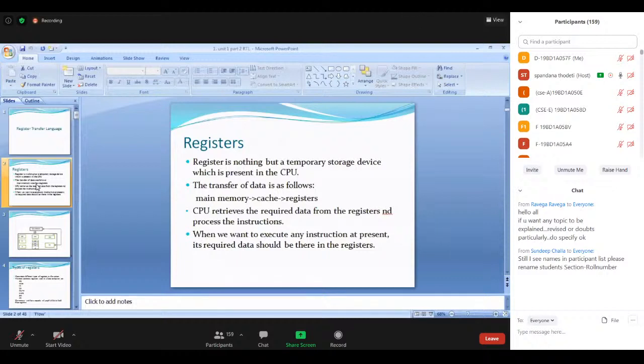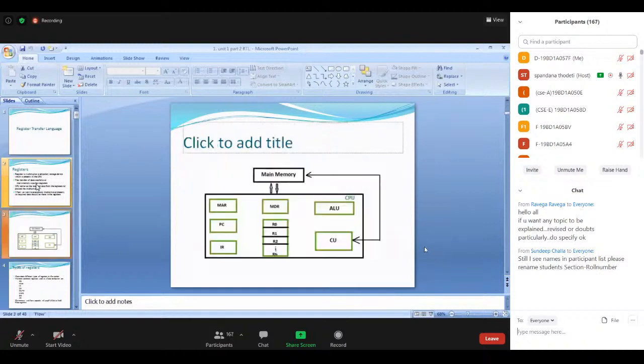Whenever you perform an operation by retrieving the data present in the register, that operation is called a micro operation. If you are executing an instruction by retrieving the data from the register, that is known as a micro operation, right?